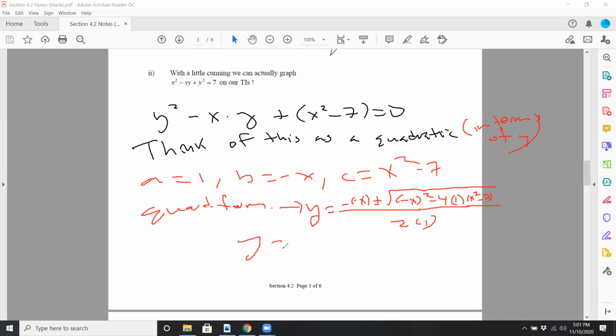So you could actually isolate y in this case, but you had to get very creative here, which would be x squared minus 4x squared plus 28, all over 2. You can clean up a little bit inside the radical and graph all that.